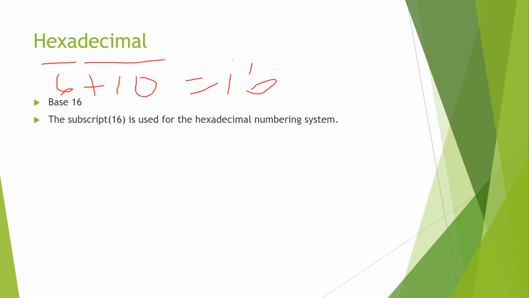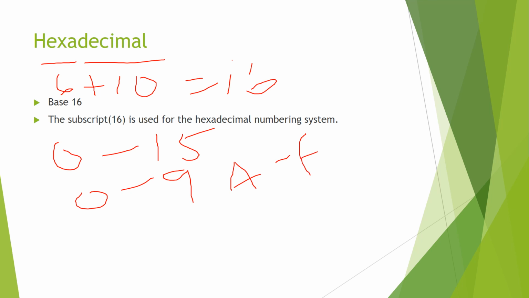So in this type of number system, we have 16 numbers, that is 0 to 15. Since in the decimal number system we have 0 to 9, we remain with 6 more, and these other 6 take the letters A to F.